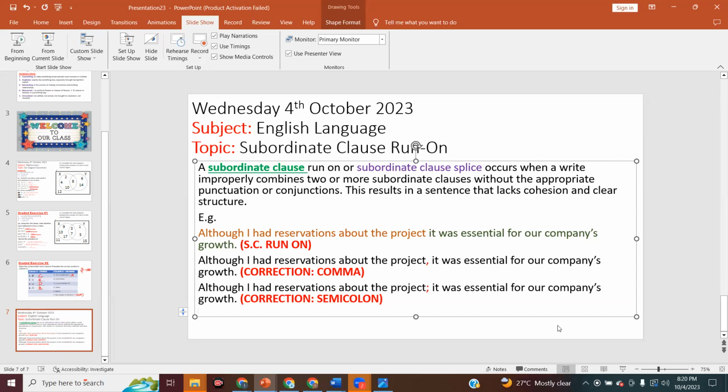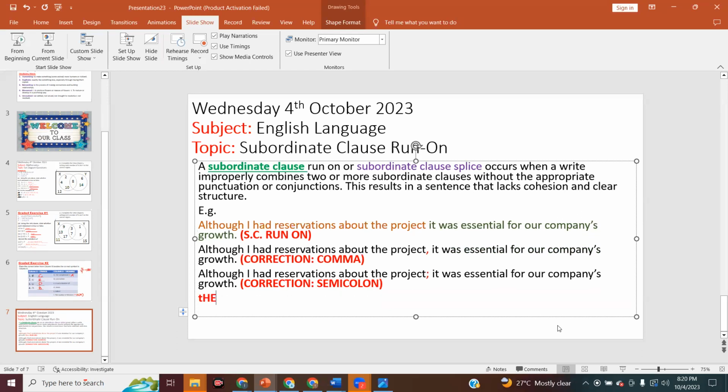So we could restructure the sentence. We can say the project was essential for our company's growth, comma, even though I had reservations about it.